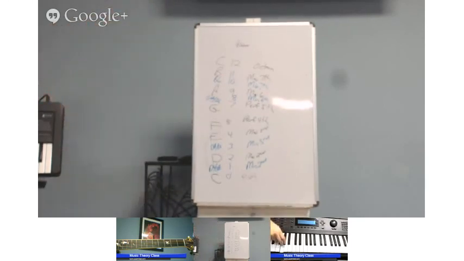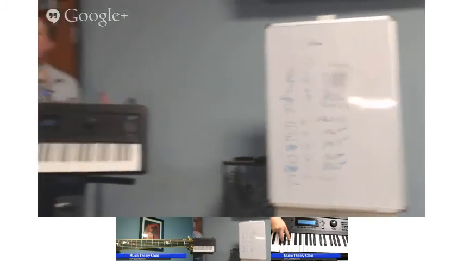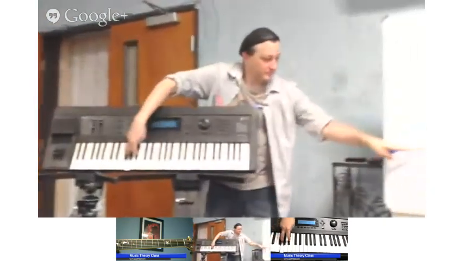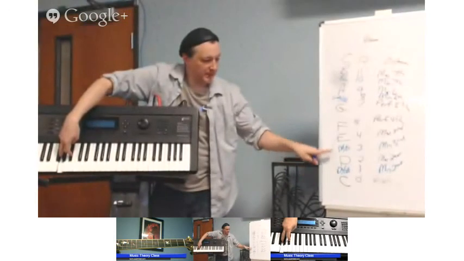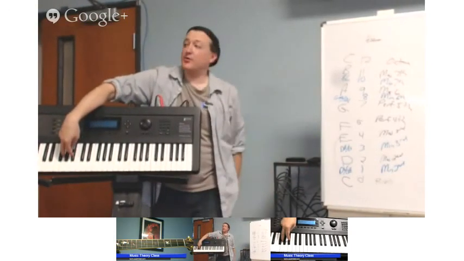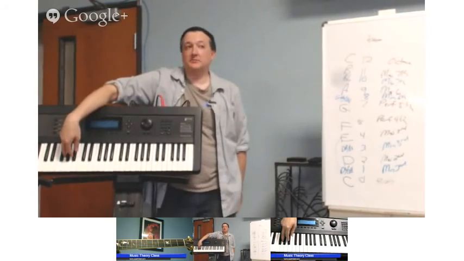Here's G. If I go up a step and a half, or 3 half steps, 1, 2, 3, G is up to B flat. And what do I call that interval? I call it a minor third. A minor third is 3 half steps, right? So the minor third above G is B flat.